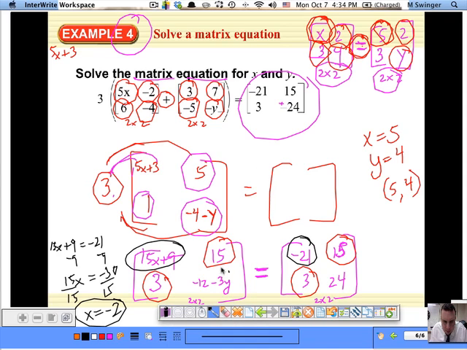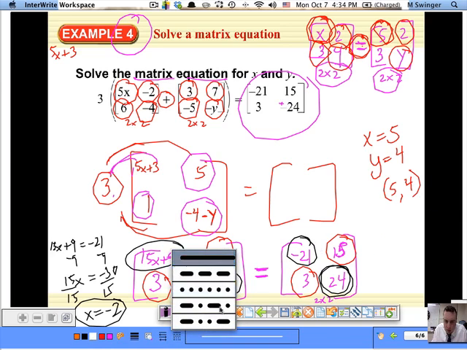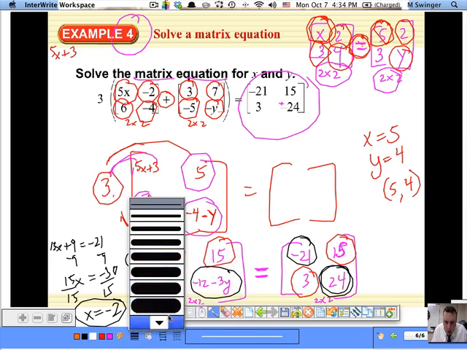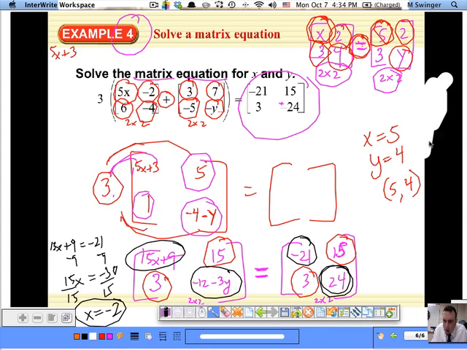Next, this guy has to equal this guy, right? Because they're corresponding. Negative 12 minus 3y equals 24. So write that somewhere. Once again, I don't have a lot of space. Let's see if I can do this here. Aha! I'm making space.